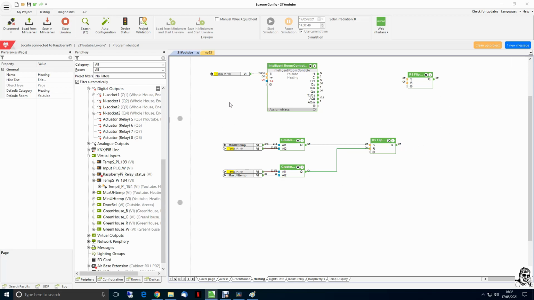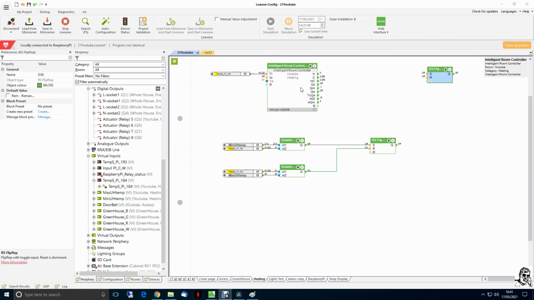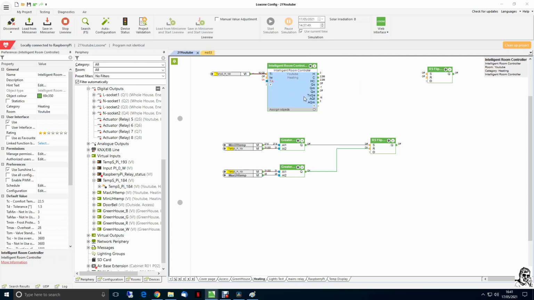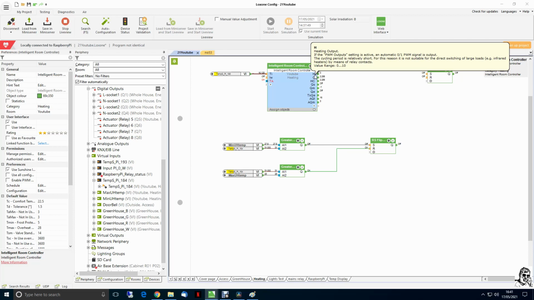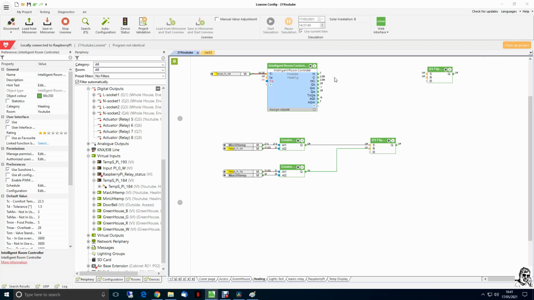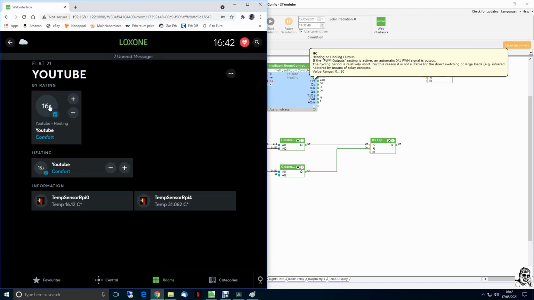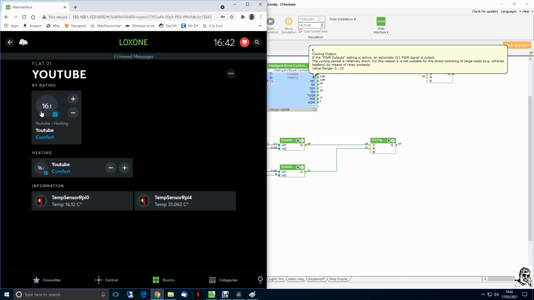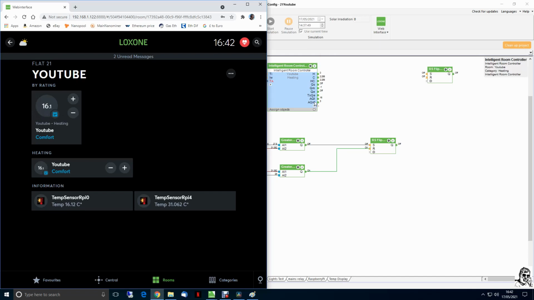Okay, next step. Because we don't have a digital output on this intelligent room controller, we just have heating and cooling outputs, which are analog from 0 to 10 volts. For example, now the room sensor temperature is 16.1 and the comfort temperature is 16.